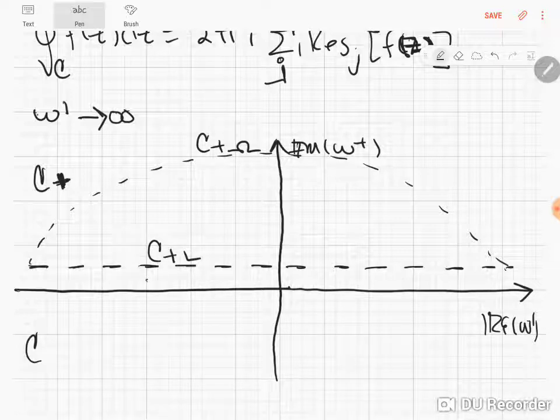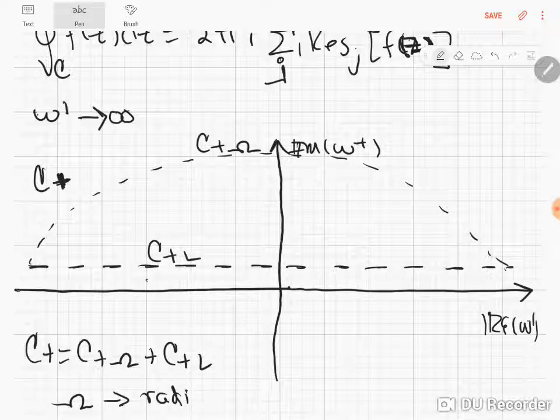That means that the contour C plus is equal to the contour C plus omega plus the contour C plus L, where omega is the radius of the semicircle and it tends to infinity.